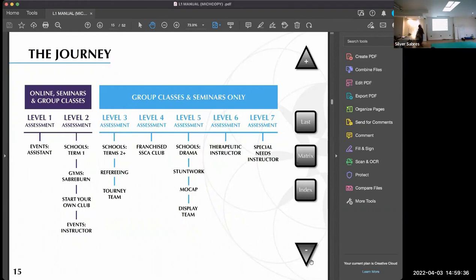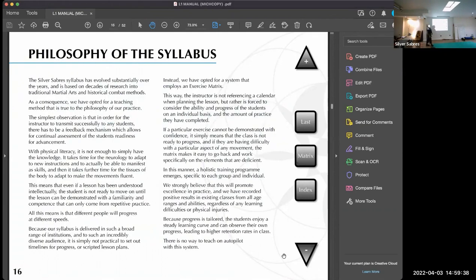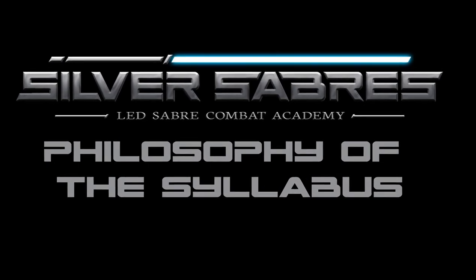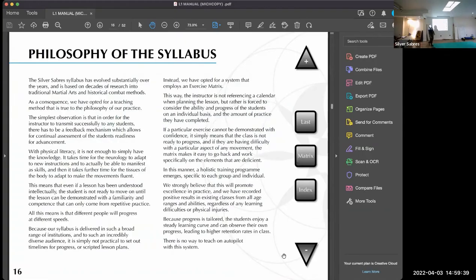Okay, I'm just going to burble at you again, wall of text. I'll stop for breath where I can. I think I've gone over this with everybody a couple of times already. Is audio running and everything's good? Right, okay. The Silver Sabre syllabus has evolved substantially over the years and is based on decades of research into traditional martial arts and historical combat methods.